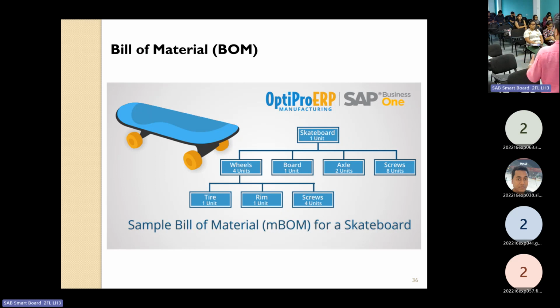And for a complicated product, there can be 3, 4, 5, 6 levels. We will discuss later. Such information is required for operations decisions like, to produce this number of finished products, how many different component parts are required. We call it materials requirements planning. For such, this is one main document needed.